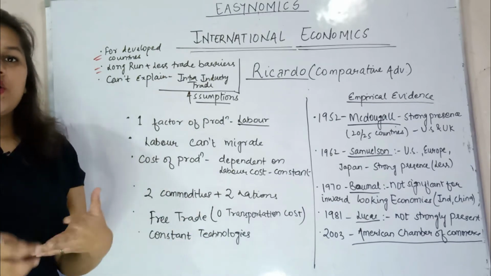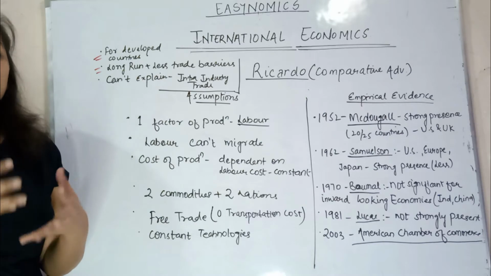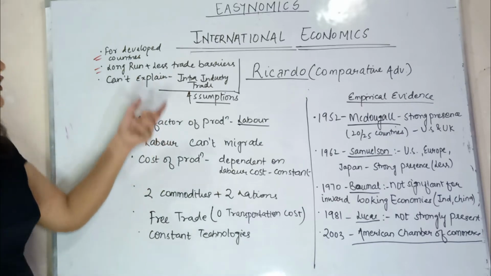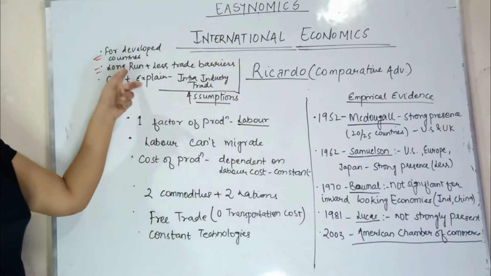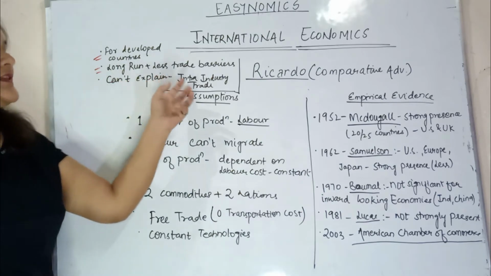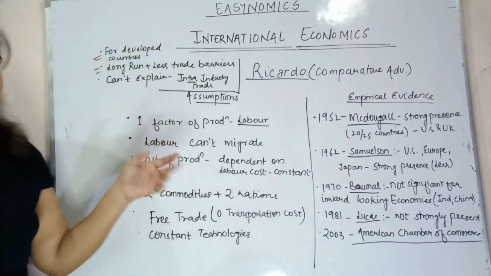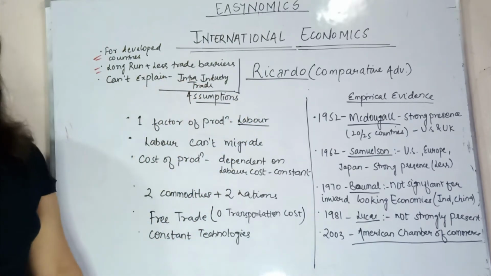They are open economies, not very closed, and strong trade barriers are not present there, so they are following this in the long run. After that, it cannot explain intra-industry trade. Ricardo was not successful in explaining intra-industry trade.